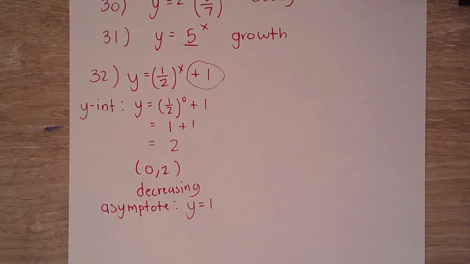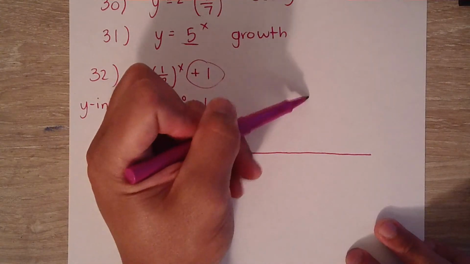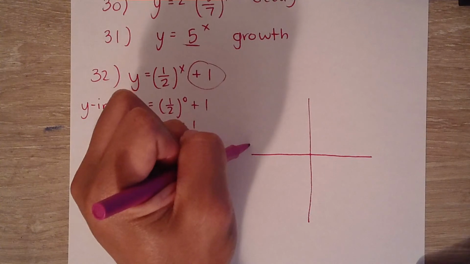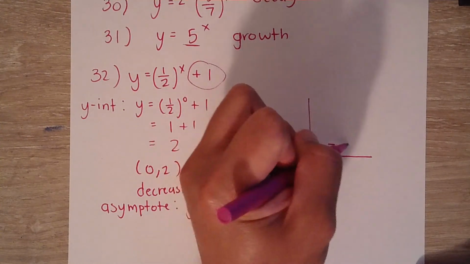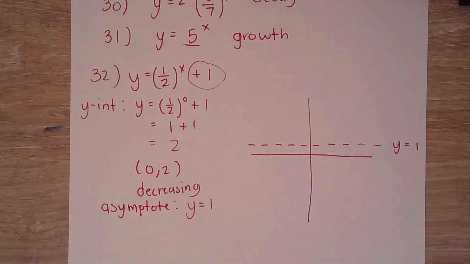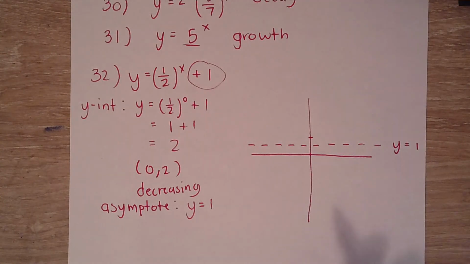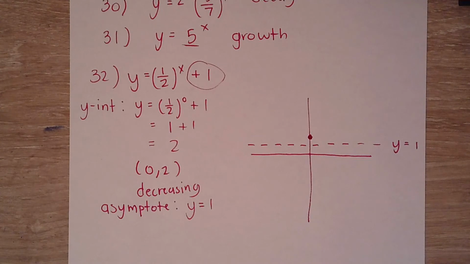All right, so once we have all 3 of those, we can go ahead and start graphing. Let's draw a dashed line to represent our asymptote. That's y is equal to 1. And then we use the fact that we want our graph to pass through 0, 2. That's 1, that's 2. So we need it to pass through that point. And then we also need it to decrease, right?